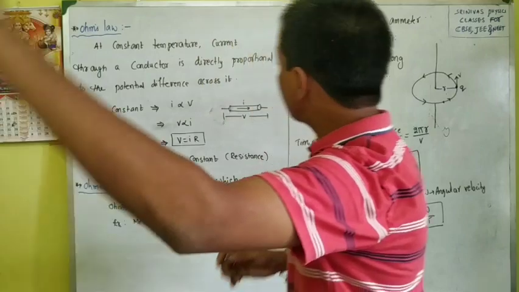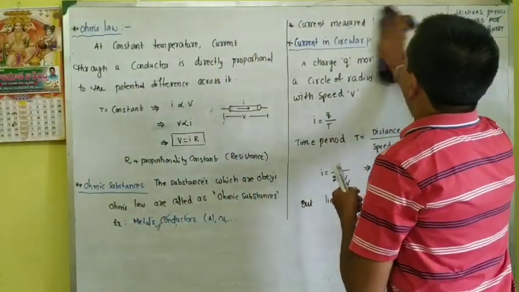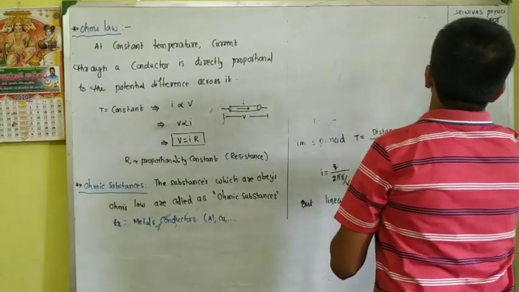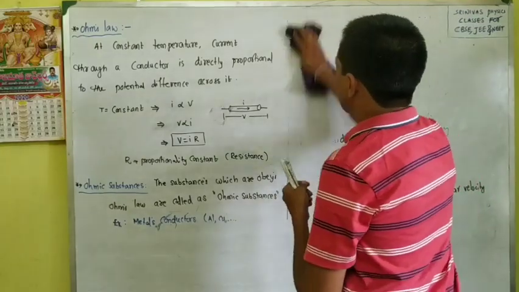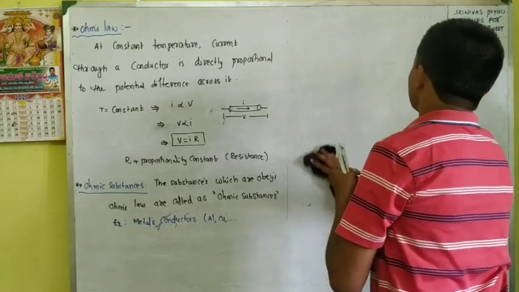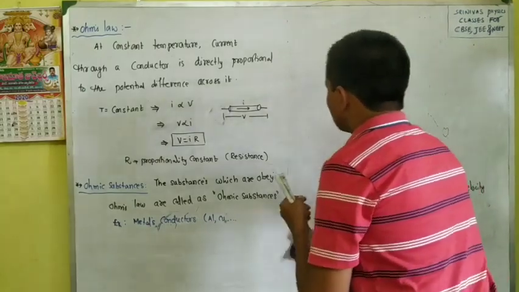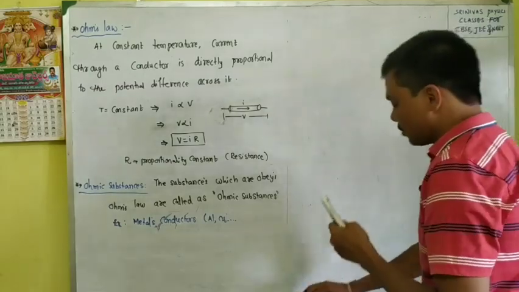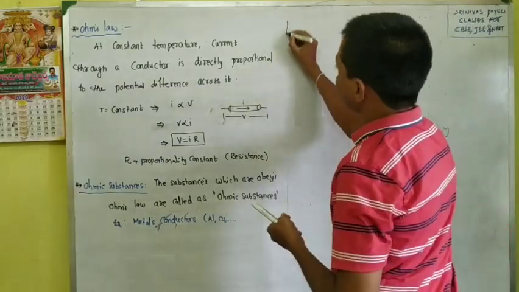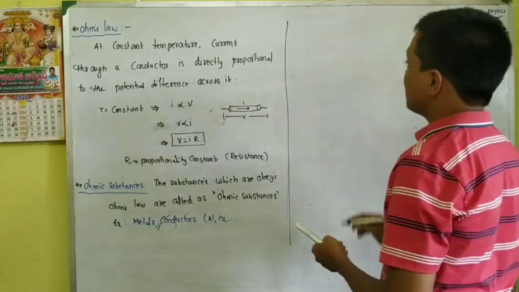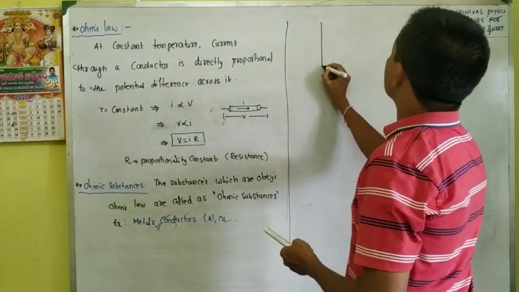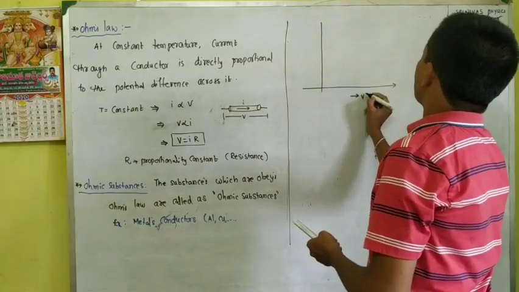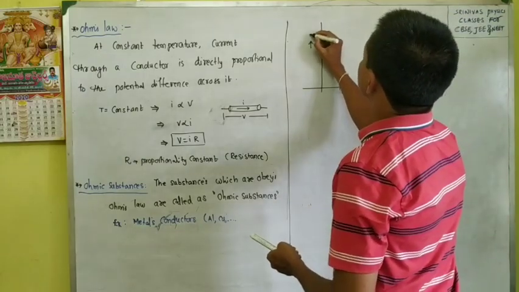If we draw the graph between the potential difference and current, then how will you get it? It is very simple. You know already graphs. I will tell again. For example, the potential difference is taken on x-axis and the current is taken on y-axis, right?